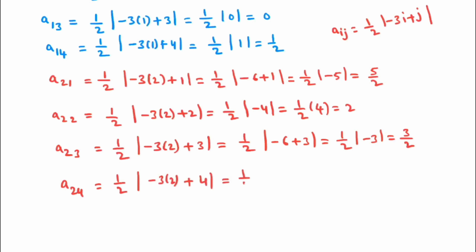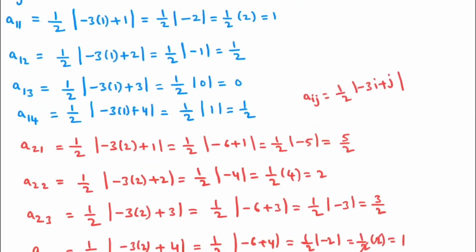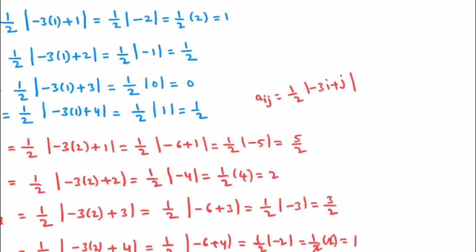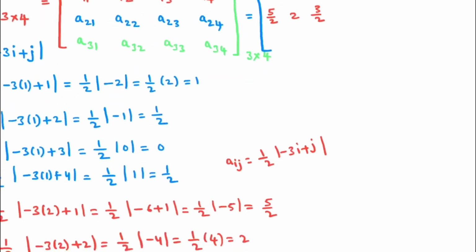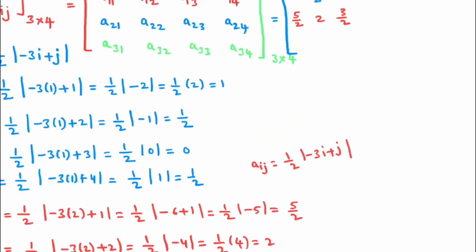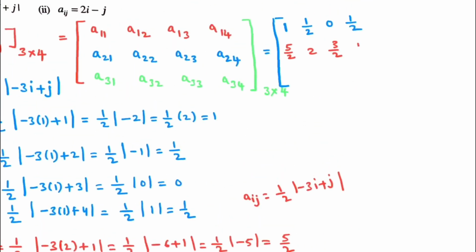That equals 1 by 2 into modulus of minus 6 plus 4, that equals 1 by 2 into modulus of minus 2. Modulus of minus 2 is 2 only. That is 1. So what elements did I get here? 5 by 2, already written, 2, 3 by 2, and 1. That's great.